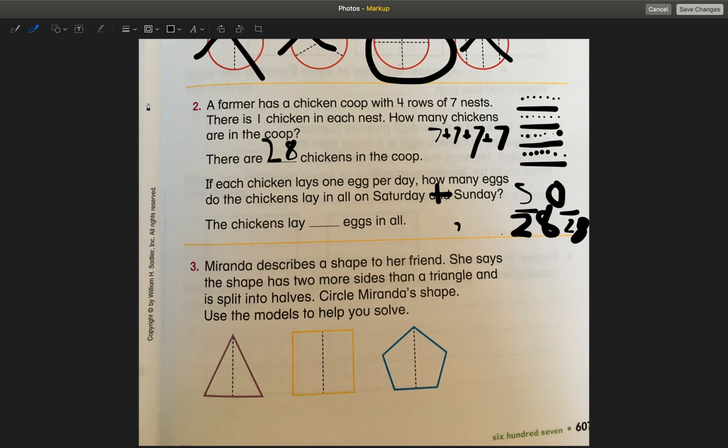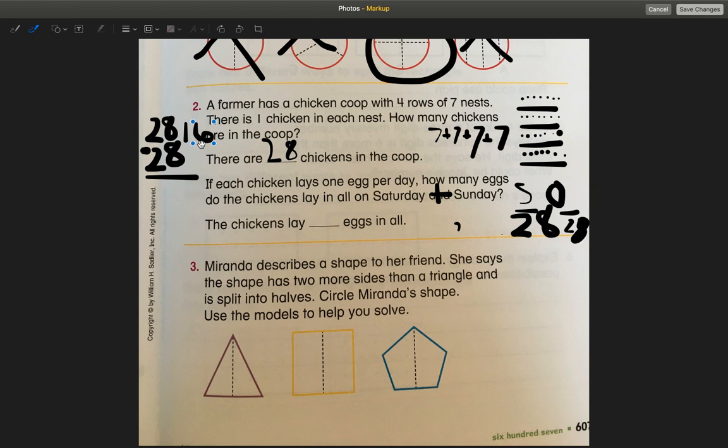28 plus 28. I'm going to do it over here on my side of my page. 28 plus, it's supposed to be a plus sign. Remember we want to line up our numbers in our tens place and our ones place so that we don't mix them up. 8 plus 8. We should know our doubles fact. 8 plus 8 is 16.